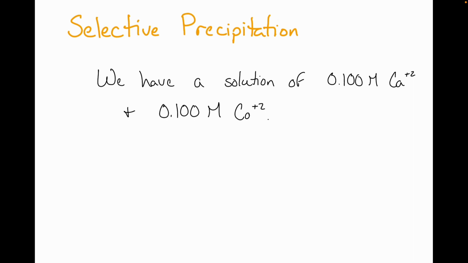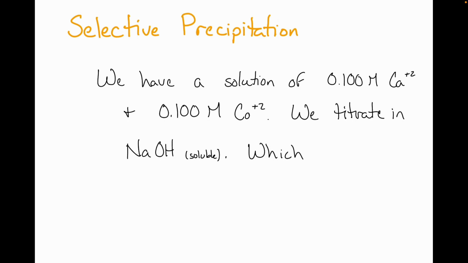All right, we have a solution that's a mixture of both of these cations. We titrate in some sodium hydroxide, which is, of course, a soluble hydroxide compound. And we want to know which metal ion precipitates first.